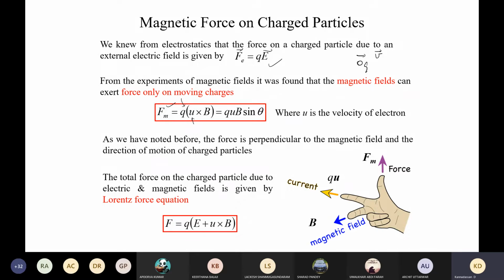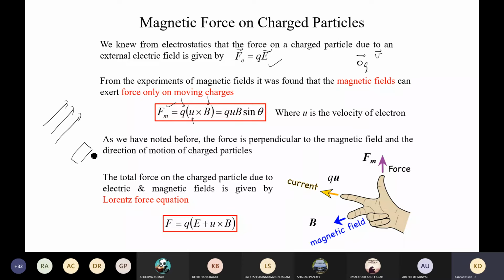Let's say you are moving the point charge by some mechanical force or something. And therefore, the magnetic field is perpendicular to that and will apply the force. So if both the point charge and the magnetic field are in the same direction, for example, this is the direction of the magnetic field.